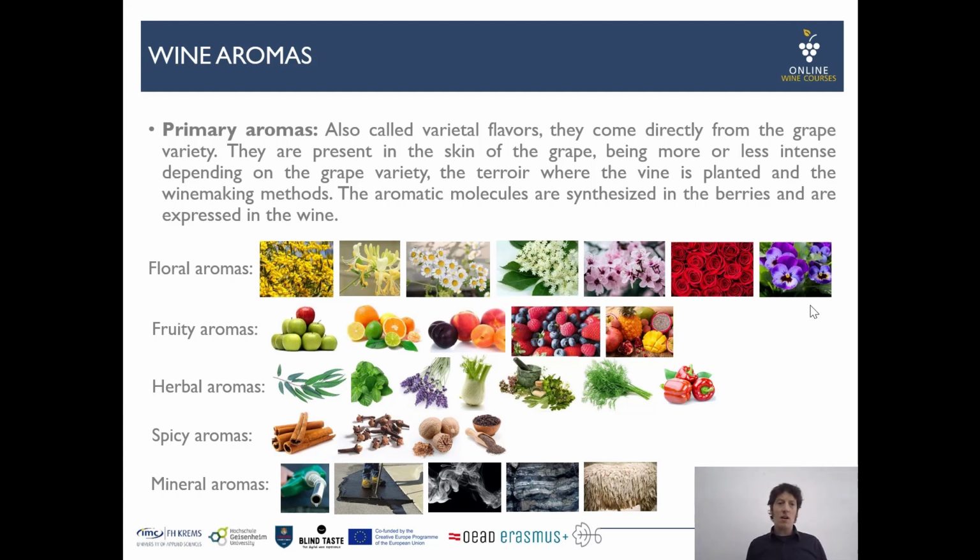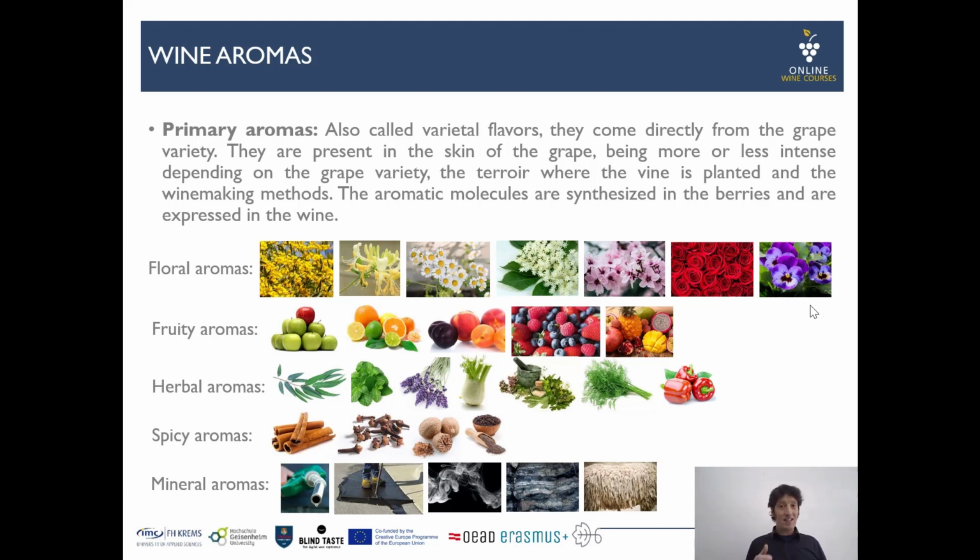First of all, starting with the primary aromas, also called varietal aromas or varietal flavors, they come directly from the grape variety. They are present in the skin of the grape, being more or less intense depending on the grape variety, the terroir, including growing conditions, but also the winemaking process.